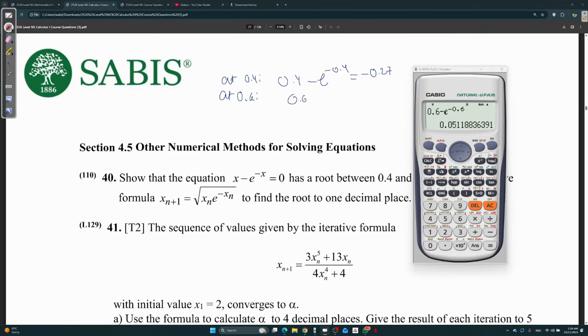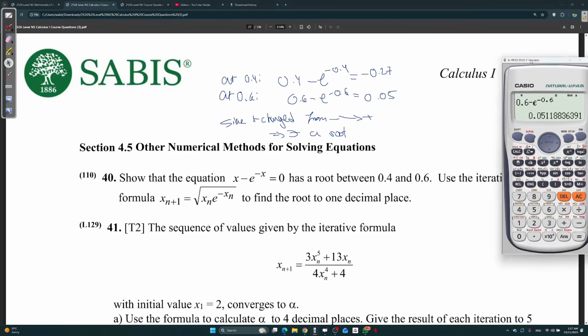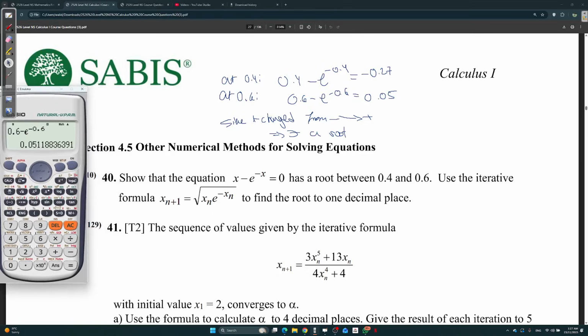So let's just write it down, 0.05. So as you can see, since it changed from negative to positive, therefore there exists a root. This symbol stands for there exists, in that interval. Anyways, then they're saying use the iterative formula to find the root to one decimal place.